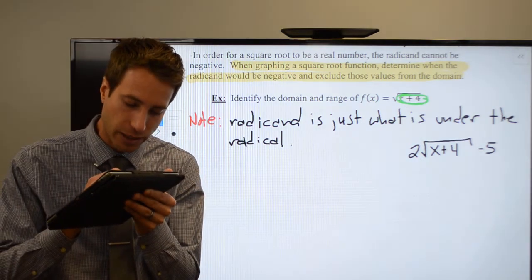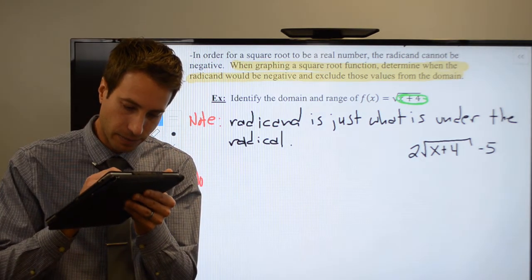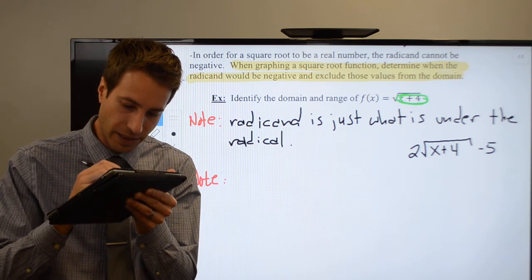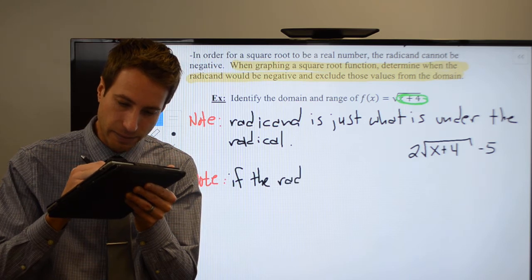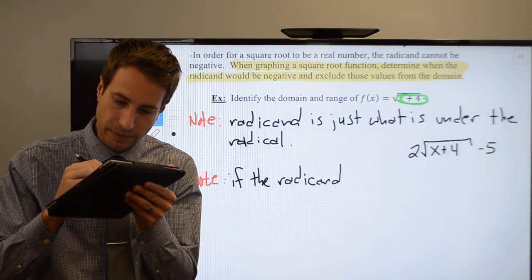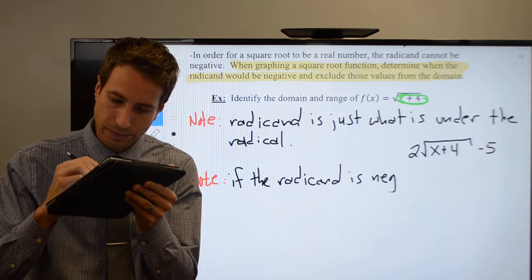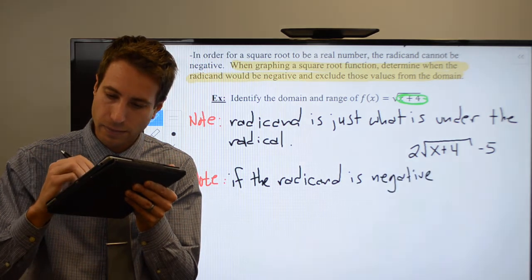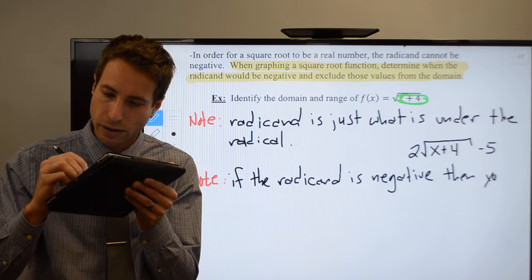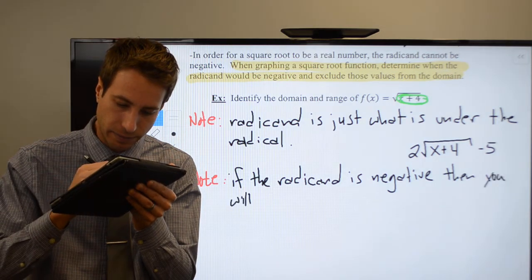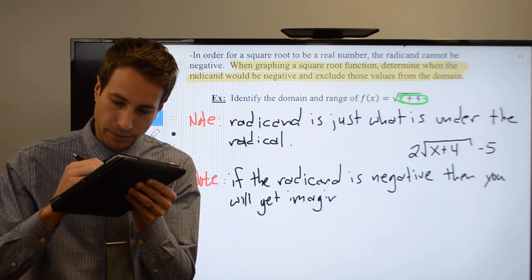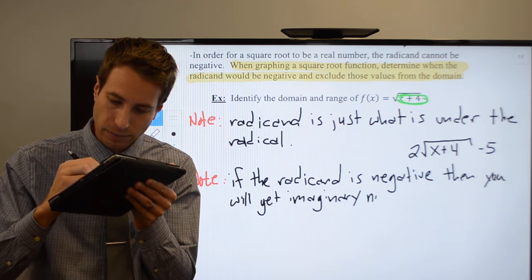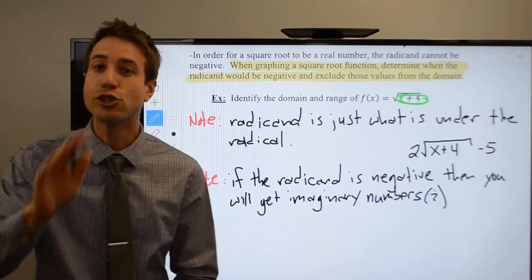So your second note is this. If the radicand is negative, then you will get imaginary numbers. Which is no big deal.